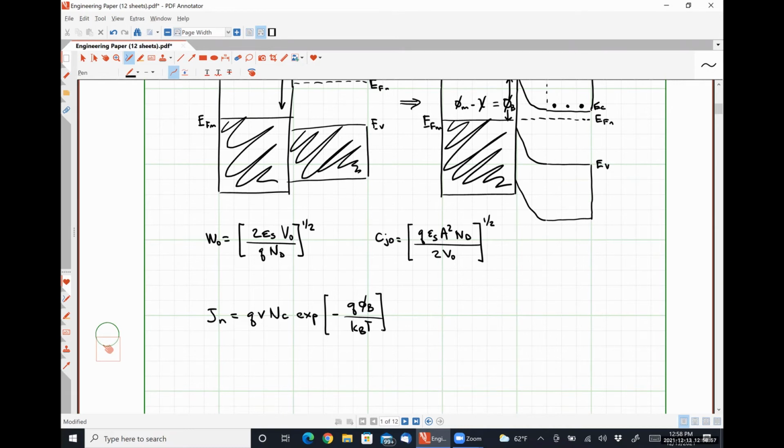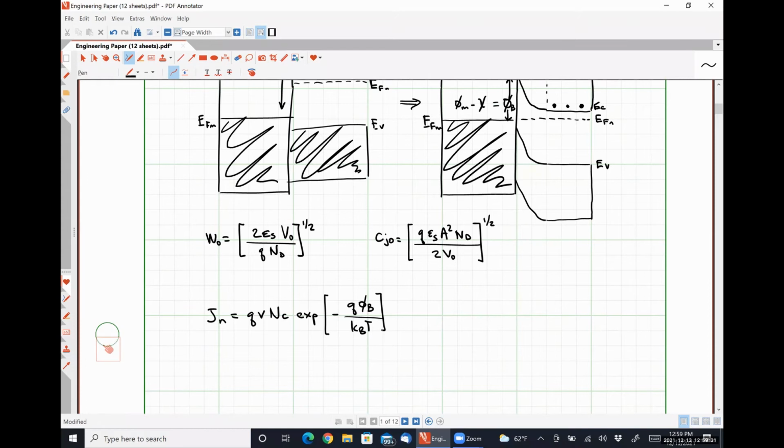This term, the exponential of negative Q phi_b over kBT, is the probability of electrons moving from the metal into the conduction band of the semiconductor. So it's playing the role of the reverse bias saturation current density that we saw in PN junctions. Then we're going to multiply that by the probability of electrons going the other way.